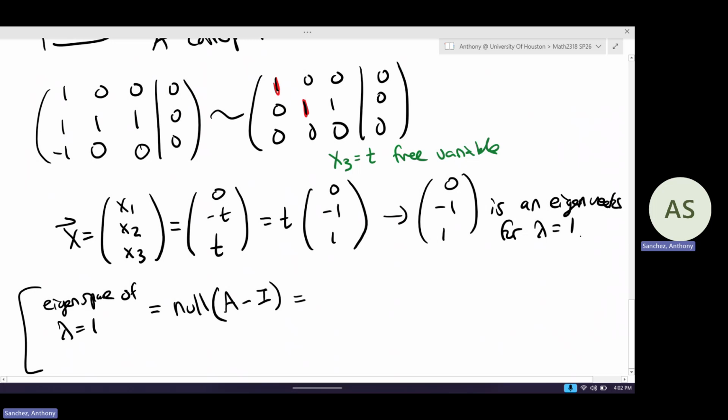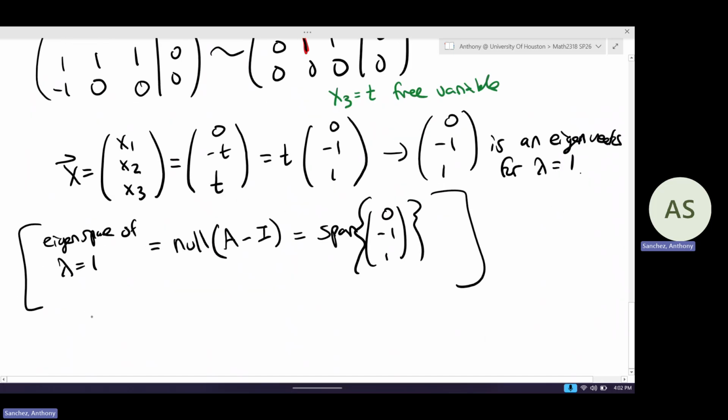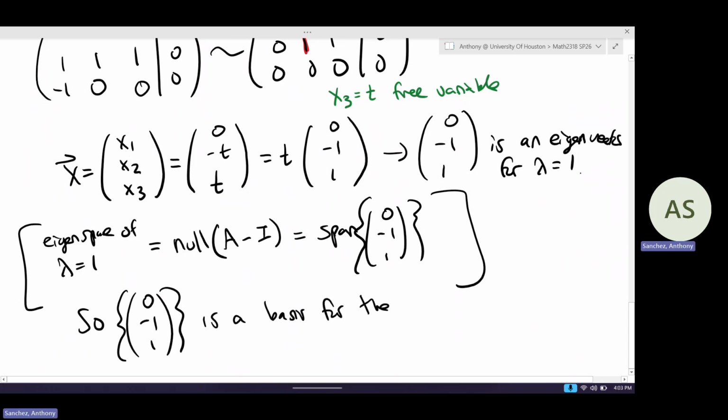By the above, I can just write this down as an explicit span of this vector. So this is a one-dimensional eigenspace corresponding to this eigenvalue. I could say 0, negative 1, 1. Again, this is not something you're expected to write. I just wanted you to see this. So this set right here is a basis for the eigenspace of lambda equal to 1.